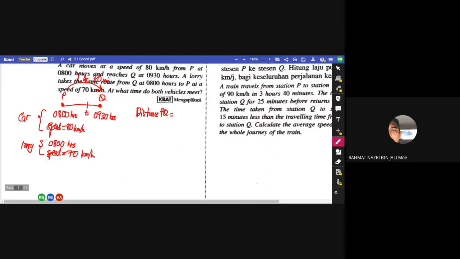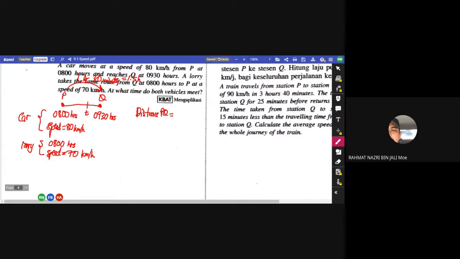Okay, we have two different units here, hour and minute. So we have to convert 1 hour 30 minutes to one unit only, which is hour. So 1 hour 30 minutes is equal to 1.5 hour.